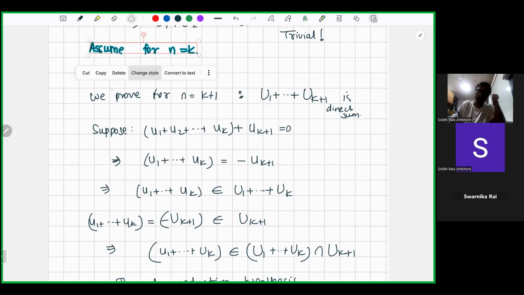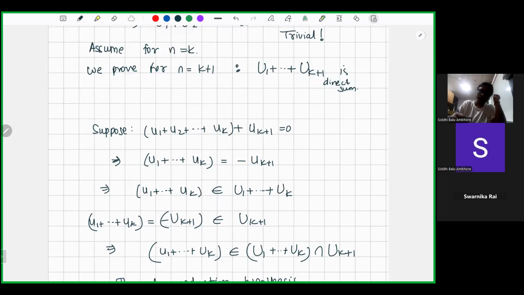Assume for n equal to k that it is a direct sum, that is, if u1 plus ... plus uk is 0 for ui belonging to Ui, then each ui is 0. This is what we are trying to prove for all i from 1 to k plus 1.